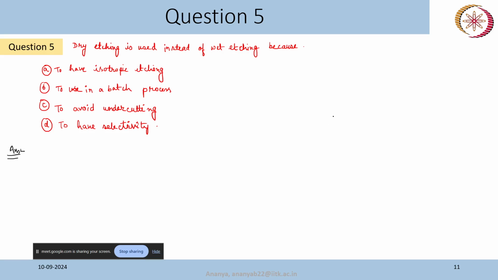So what it means is that there are two terms, isotropic etching and anisotropic etching.